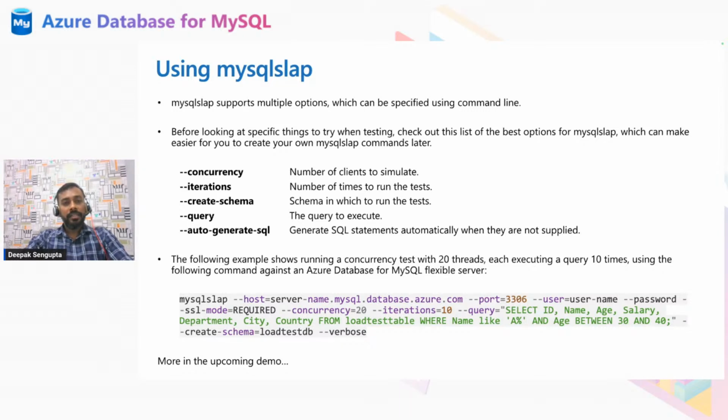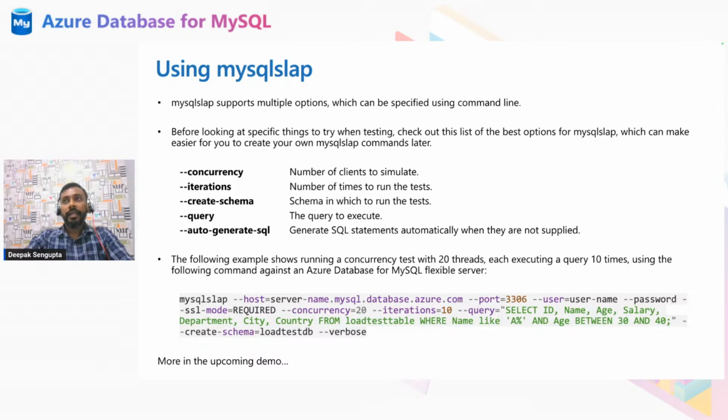The second is iteration. It denotes how many times the specified set of users will repeat the same test.